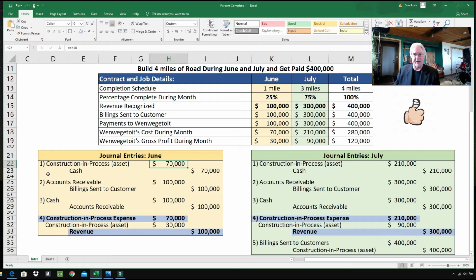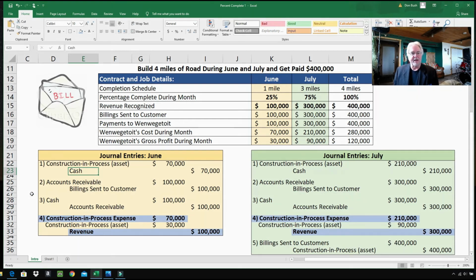So it's not an expense, but it's inventory. And we're just pretending in this example that we paid for everything with cash. Normally, construction companies would have accounts payable for supplies and wages payable to workers and overhead accounts, but we'll just use cash here.